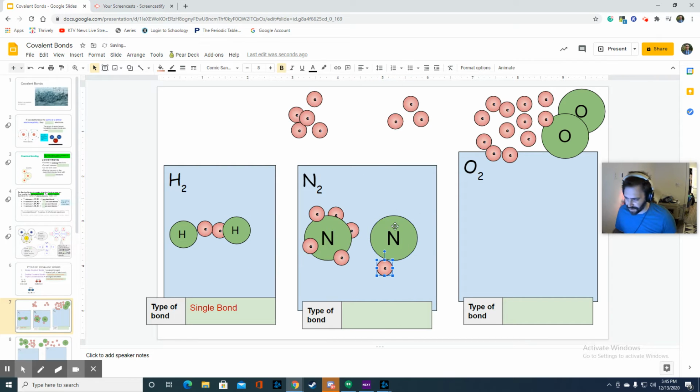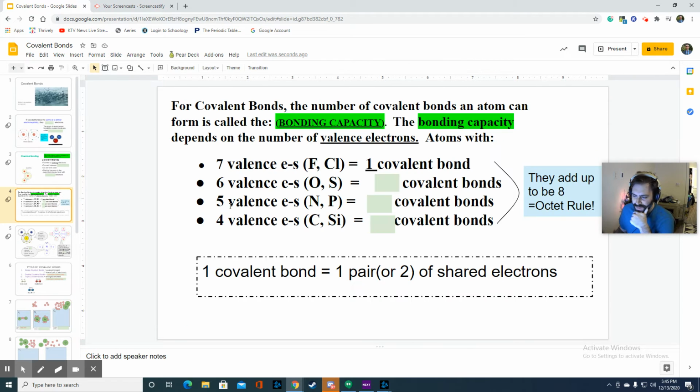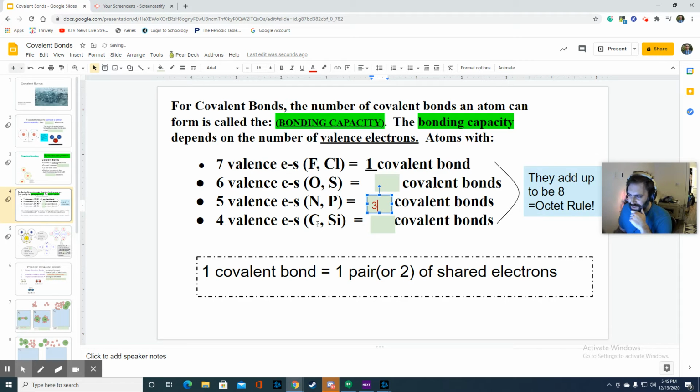All I did there was Control V a bunch of times to paste those electrons, because the other ones are disappearing. We're going to forget about those up top for right now. So how many bonds can it make? If we go back here, 5 valence electrons, we need 3 covalent bonds. 6 valence electrons, 2 covalent bonds, and 4 valence electrons.